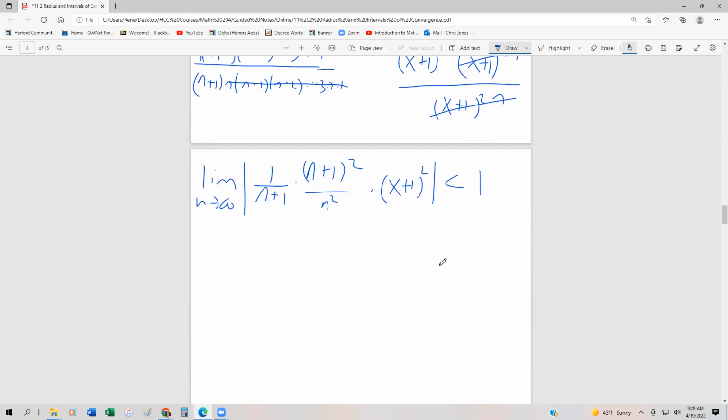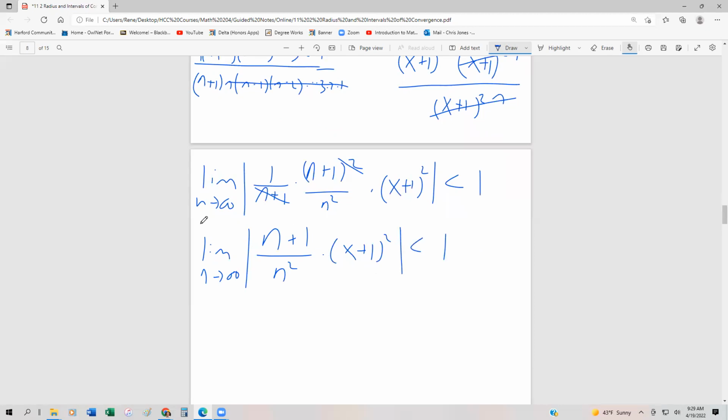All right. Notice that we have an (n plus 1) squared and (n plus 1). So we cancel these out. And we're going to be left with the limit as n approaches infinity of the absolute value of (n plus 1) divided by n squared times (x plus 1) squared. All right.